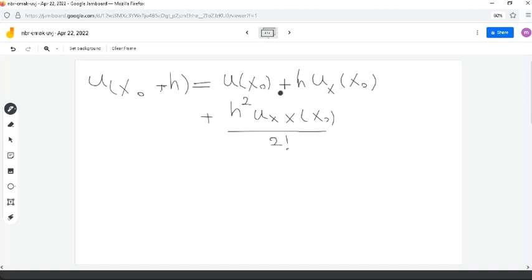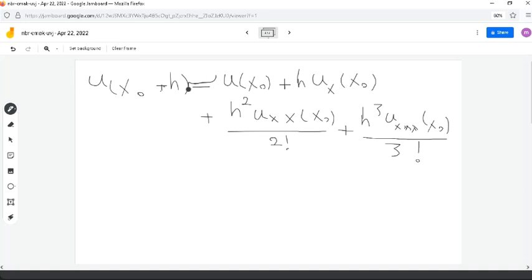These are three terms, okay? The next term is h cubed u_xxx, the third derivative of u with respect to x, of x0 over 3 factorial. It is the approximation of u of x0 plus h by using four terms of Taylor theorem, okay?